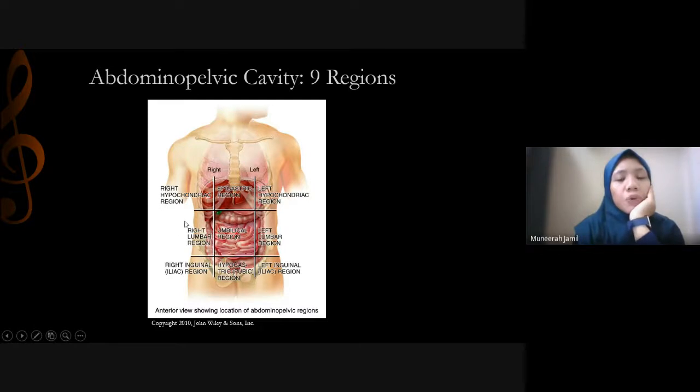Then you have what we call your ascending colon in the right lumbar region, and also the right renal. Then here we have the right inguinal, or right iliac region.